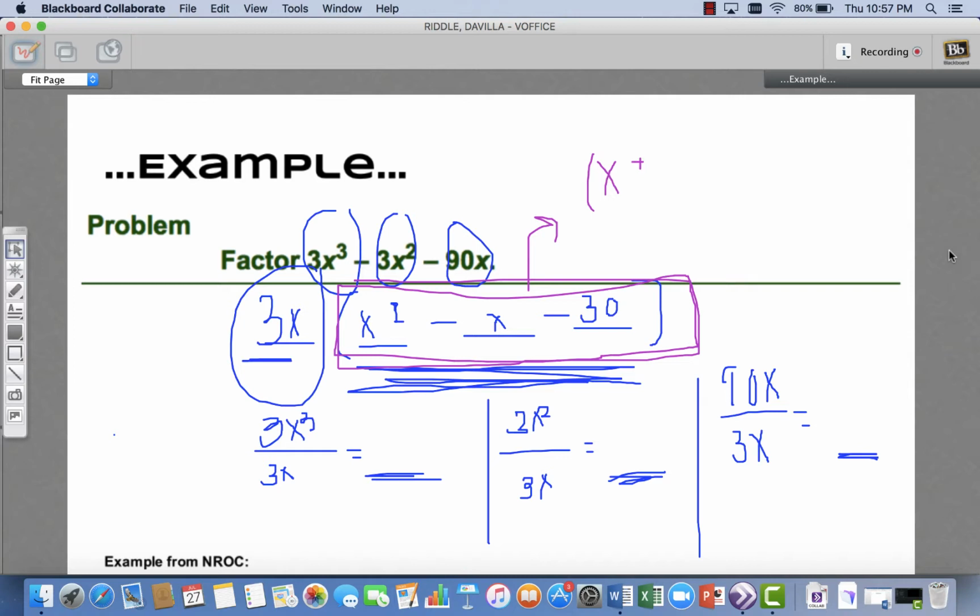So we're going to have x plus or minus a number, times x plus or minus a number. So what two numbers when multiplied would give us negative 30, and then when added together would give us negative 1? There's an imaginary 1 in front of this. Keep in mind that you can also use positive and negative numbers. So think of all the factors of 30. I think that'll help you.